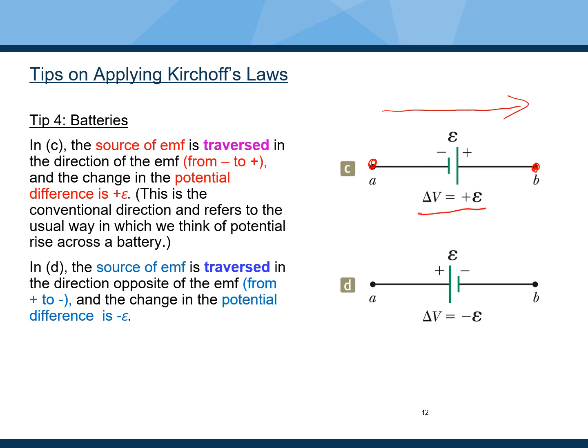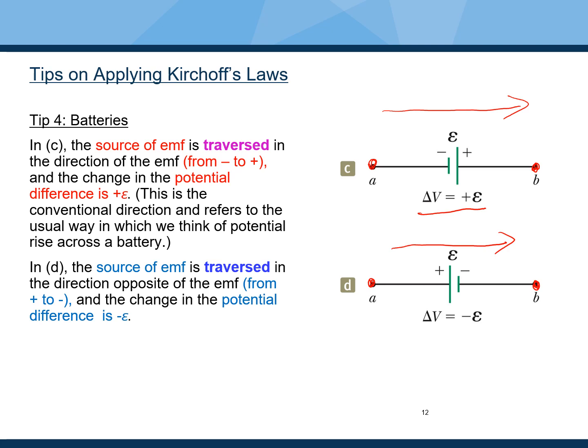Now imagine that we have a situation analogous to figure D. In that case, we're still going from the point A to the point B, but now we're traversing the battery from left to right. And in doing so, we're going from its positive plate to its negative plate.